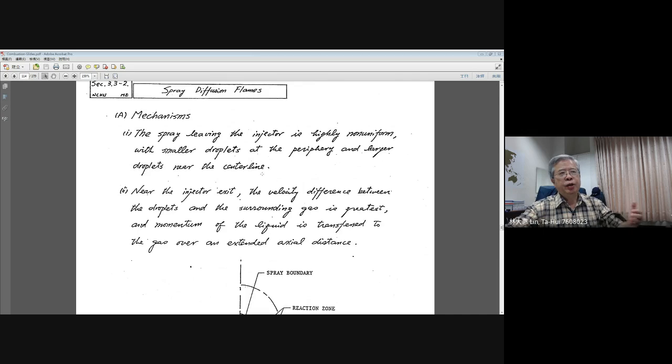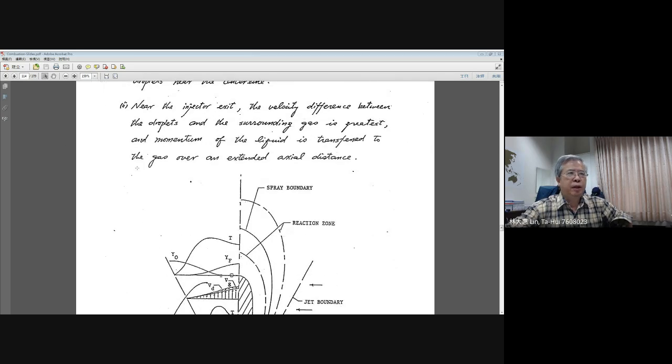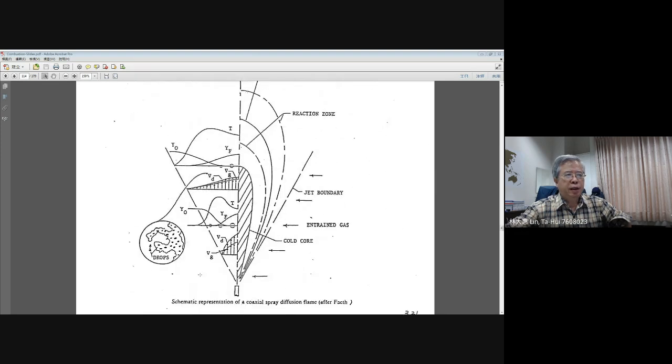Initially, on the upstream side, you definitely have a larger droplet size distribution in the vicinity of the injector. Later, when you go to the downstream side, the droplet size becomes smaller. And the second comment mentions that the velocity difference between the droplet and the gas is largest near the upstream zone, but this difference becomes smaller because there is very strong momentum transfer between the liquid droplet and the gas medium. Okay.